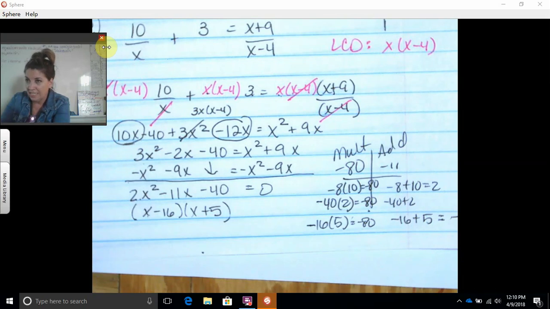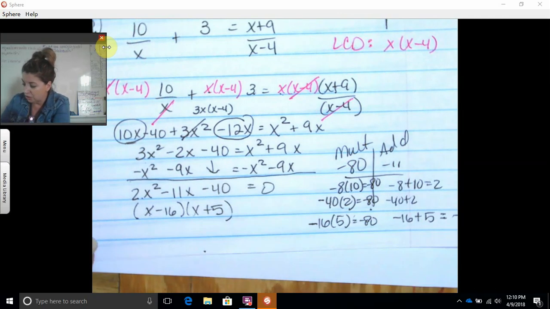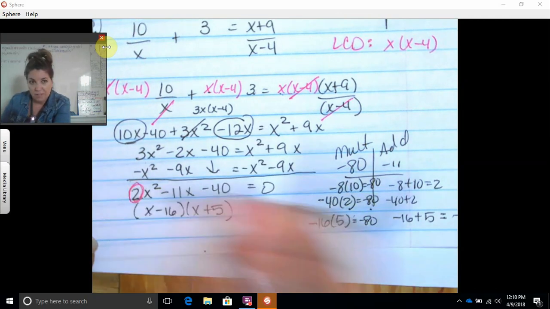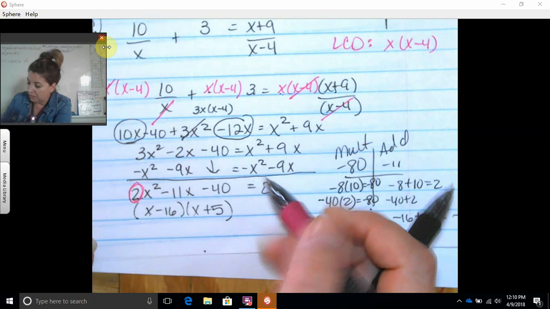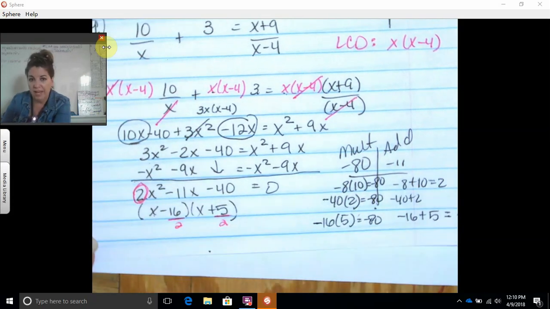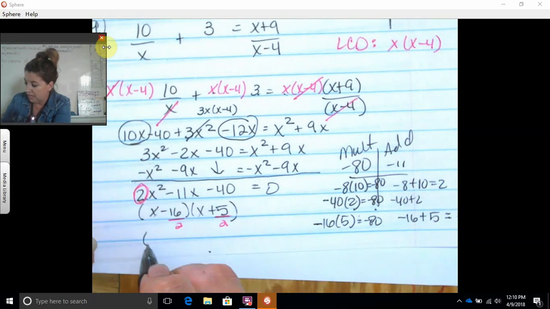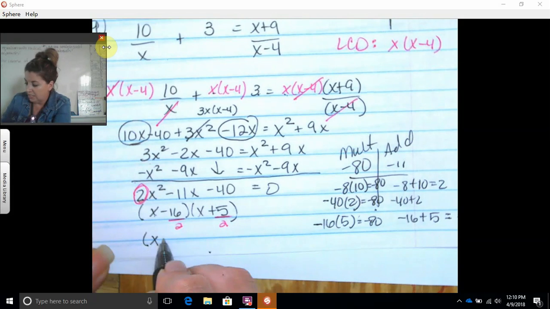What have we not done? Divide and slide. Remember, A is 2. If A is any number other than 1, we have to divide and slide by A. 16 halves, is that going to be a divide or a slide? Divide, so it gives me x minus 8.